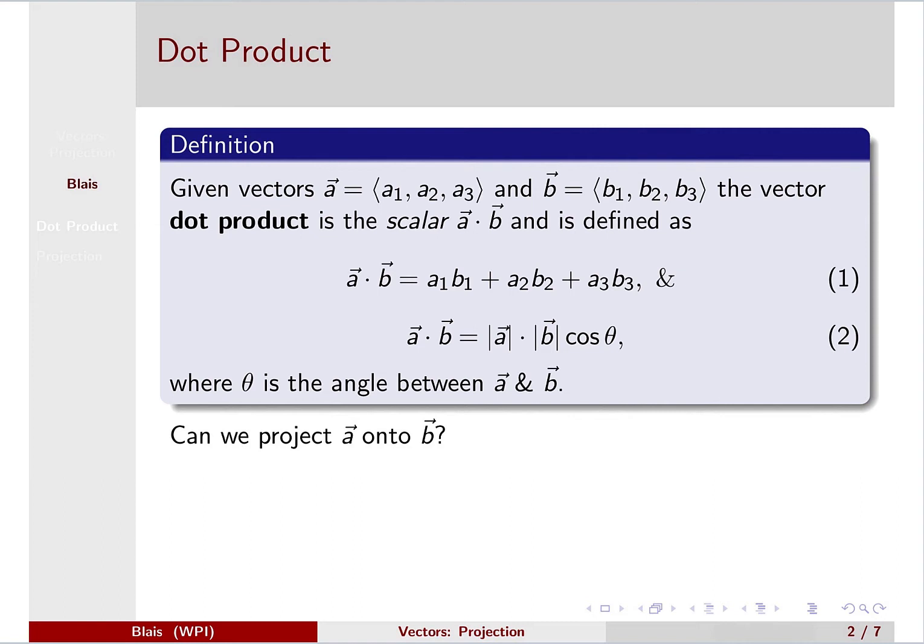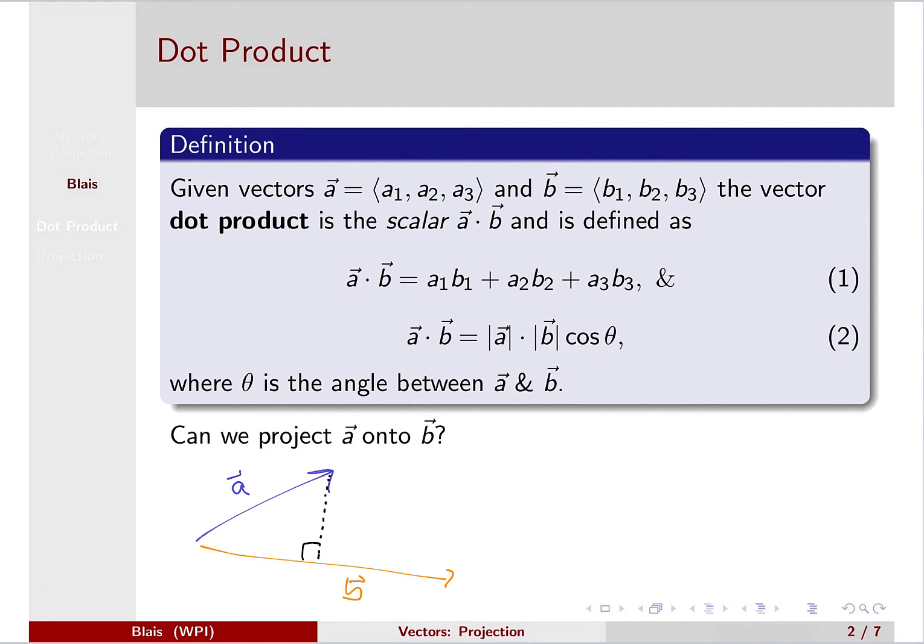And now we want to think about having two vectors, A and B, and we want to think about the idea of projecting A onto B. Pictorially, we can think of that as dropping a perpendicular from the tip of A down to B when the two vectors are end to end or beginning to beginning like this.